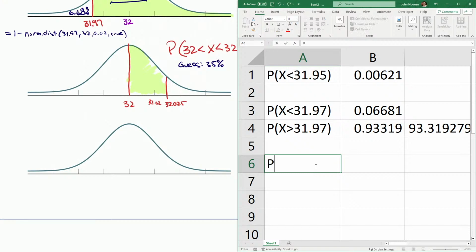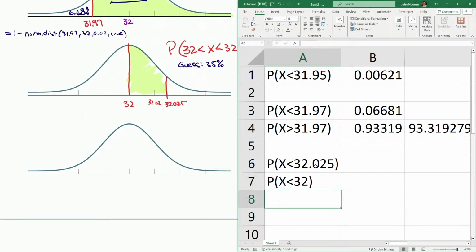Probability that X is less than 32.025, and then the probability that X is less than 32. And then hopefully I can piece those together to get what I really want, which is between 32 and 32.025. So that's sort of the roadmap.